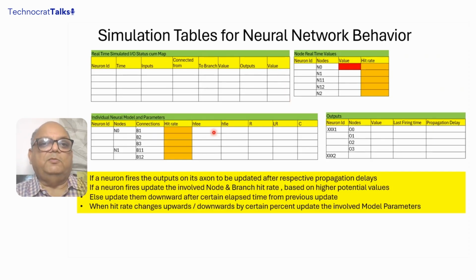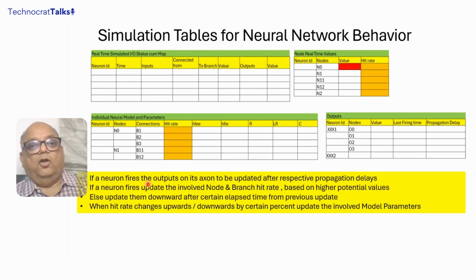There is another table where of course you have to specify the morphology of the neuron. So the neuron ID will be there. Node N0 is connected to branches B1, B2, B3. Node 1 is connected to B11, B12, and like that you have to build the complete morphology table.